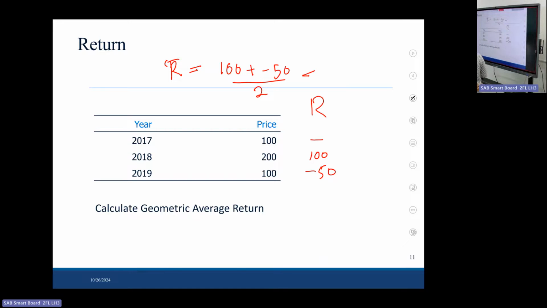Then calculate the geometric mean. It is 1 plus R1 into 1 plus R2, to the power of 1 over 2. So that is 1 plus 1, which is 2, into 1 plus minus 50%, which is 0.5.